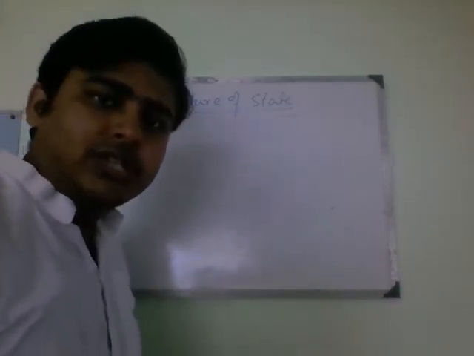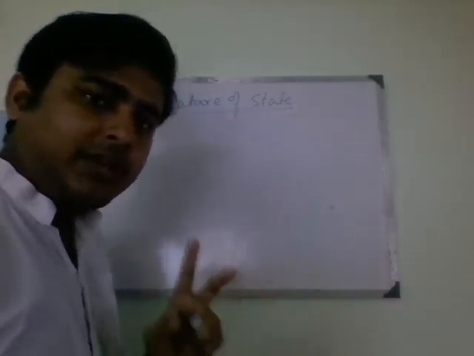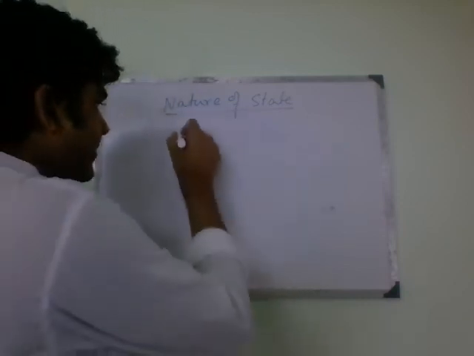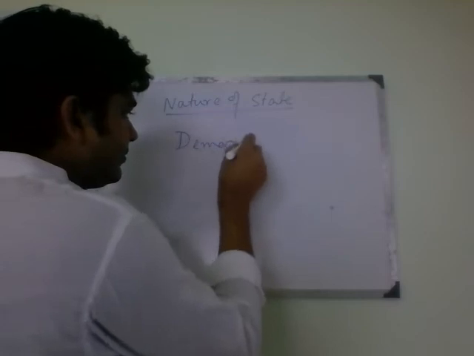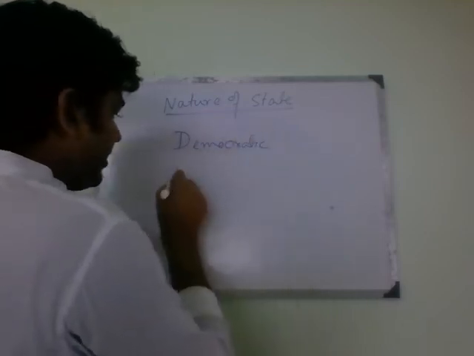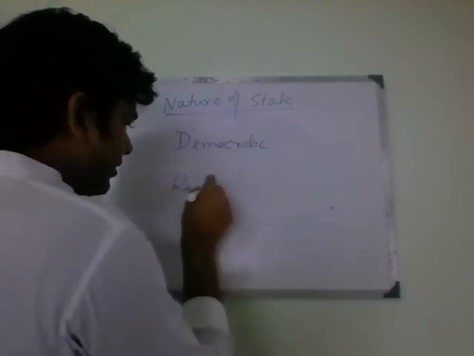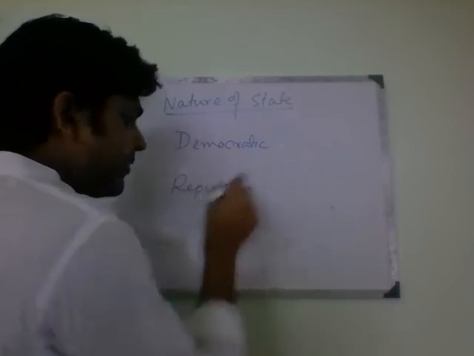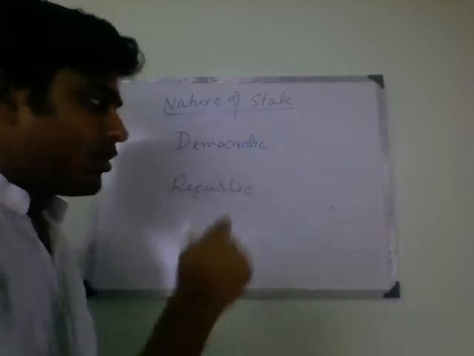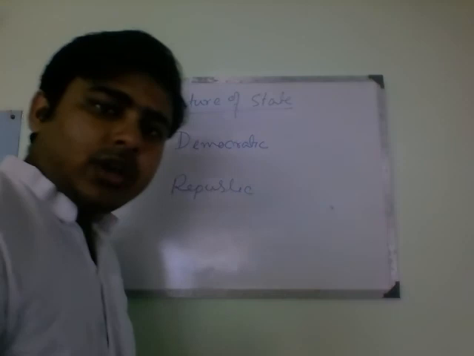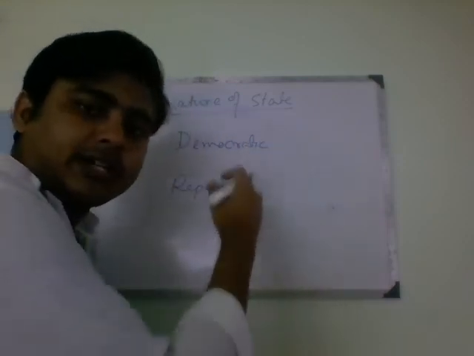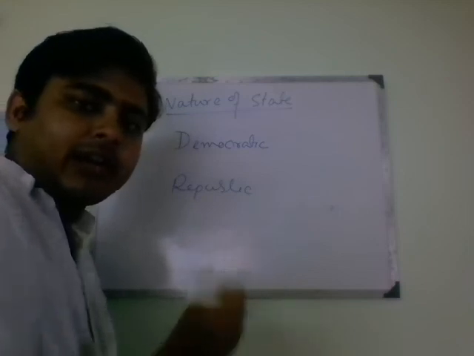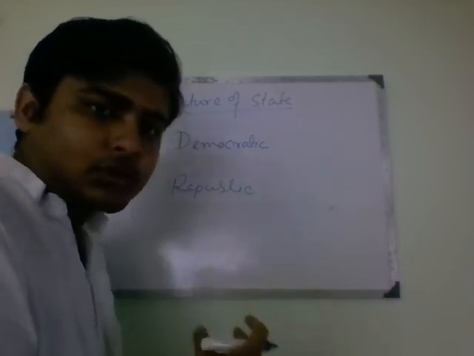Second, we will see two terms simultaneously: democratic and republic. Now, sometimes students get confused and use these two terms interchangeably. They think democratic and republic are the same, but that is not so.